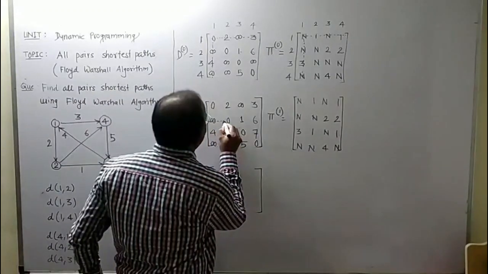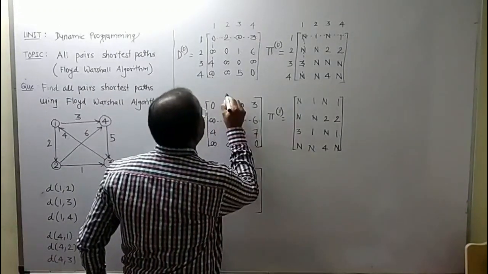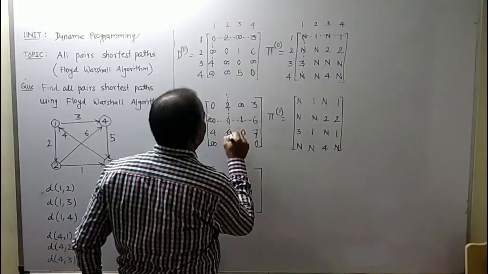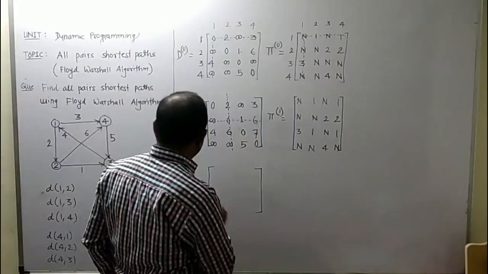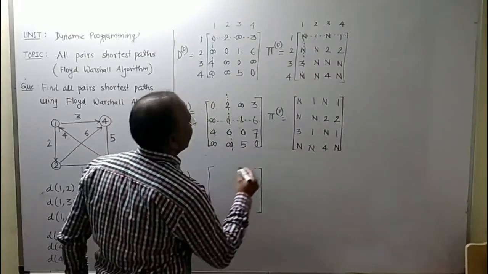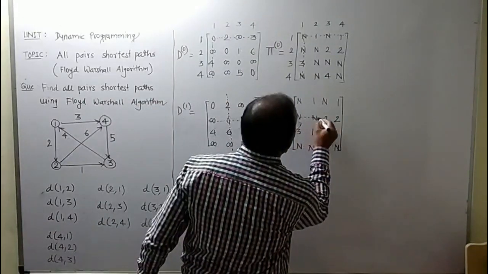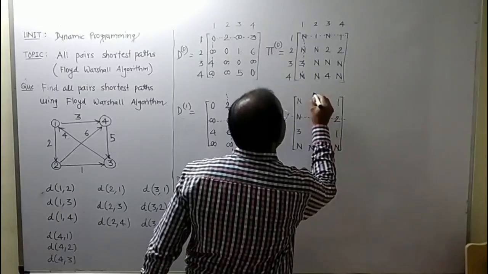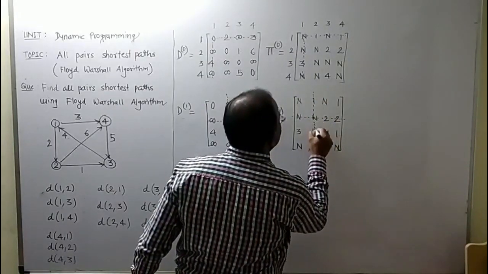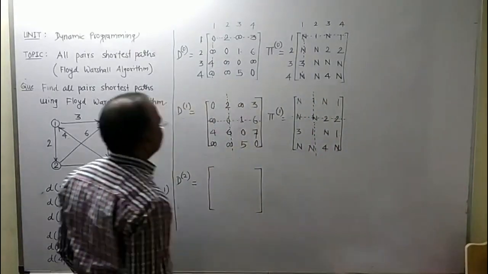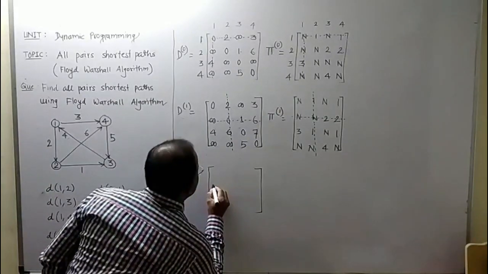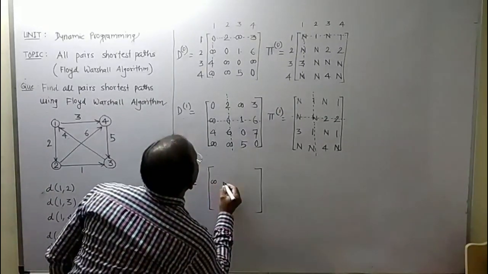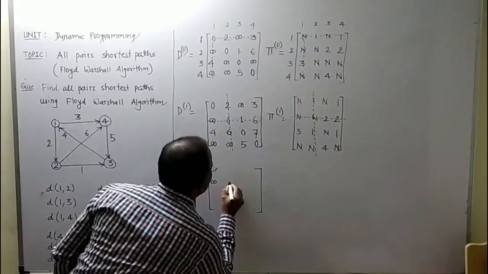Write this as it is in D2 and pi 2 matrices. So this is infinity, then 0.